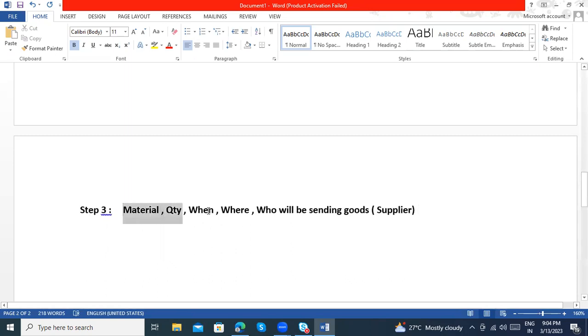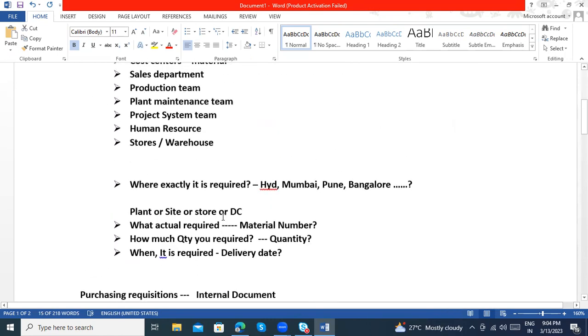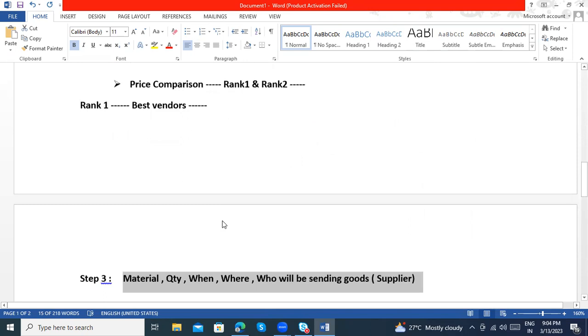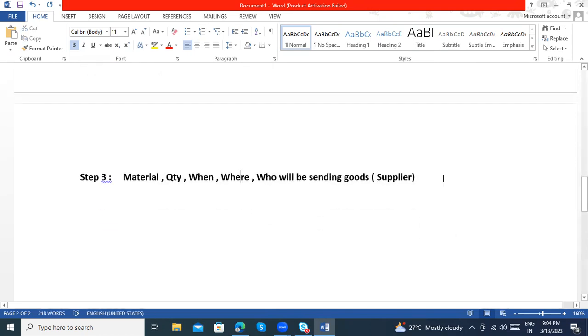So to create a purchase order, basically this information is required. Did you get all this information? Yes, sir, material number, quantity, when and where. So basically material number, quantity, plant, delivery date, and vendor. These are the information we need to create the order.